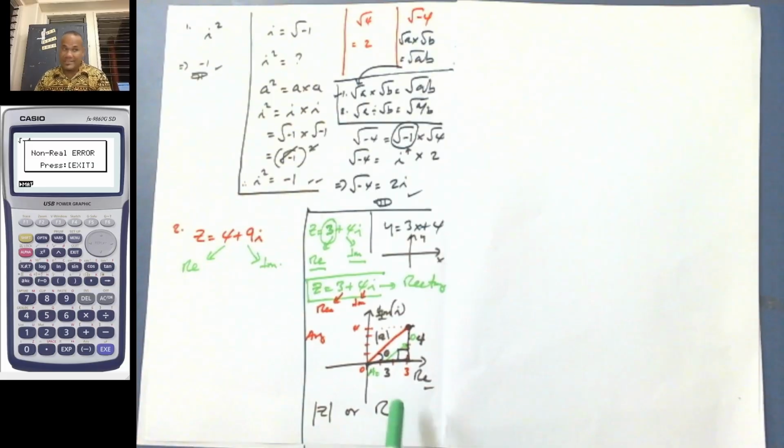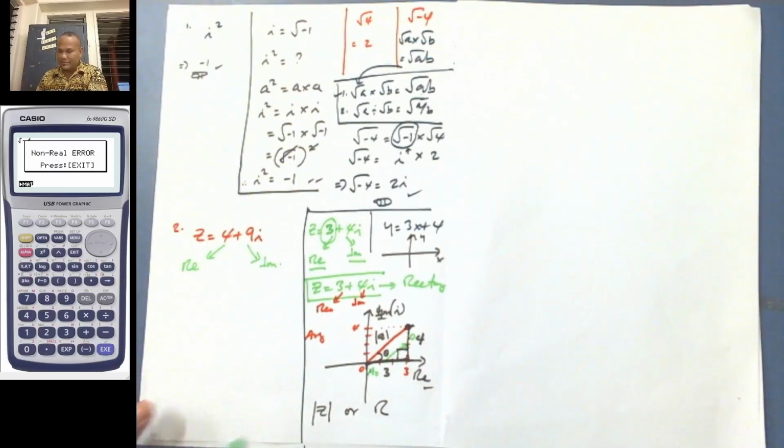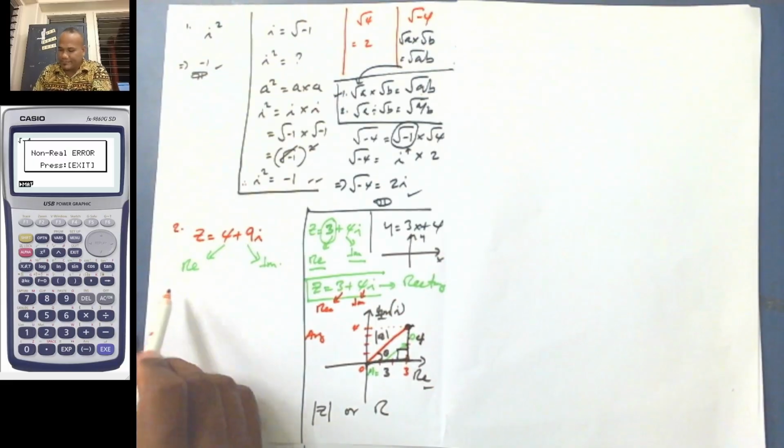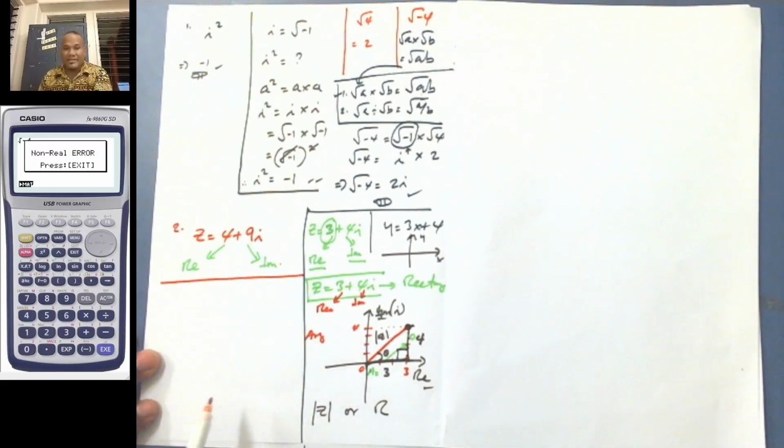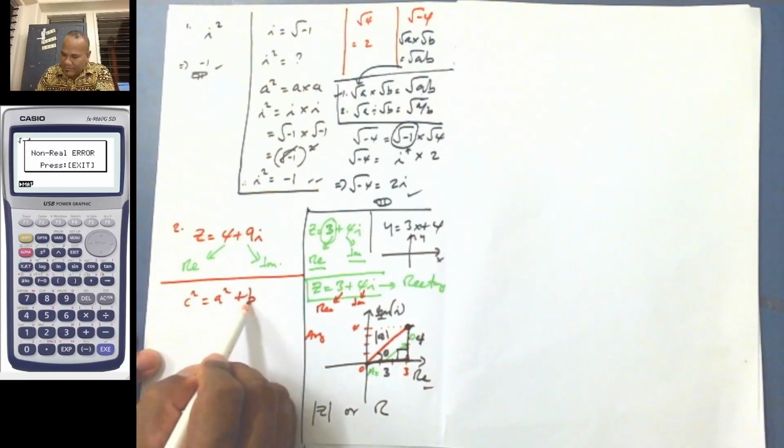We'll use this inside. But I want to find my z modulus. Since this is a right angle triangle, we'll use what we call Pythagoras theorem. Pythagoras theorem is c squared equals a squared plus b squared.